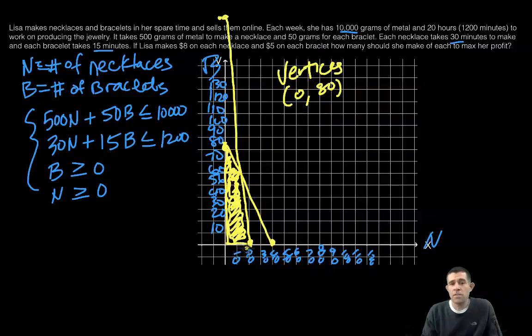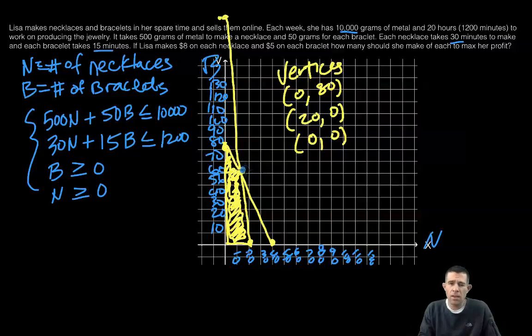Our x-intercept here is at 20 over and 0 up. We also have the origin 0, 0. And then finally we have this little intersection point here. We'll highlight it in blue. And that's going to be the intersection of 10 over and 60 up. Okay. So each one of these vertices represents a possible solution that will minimize or maximize our equation.